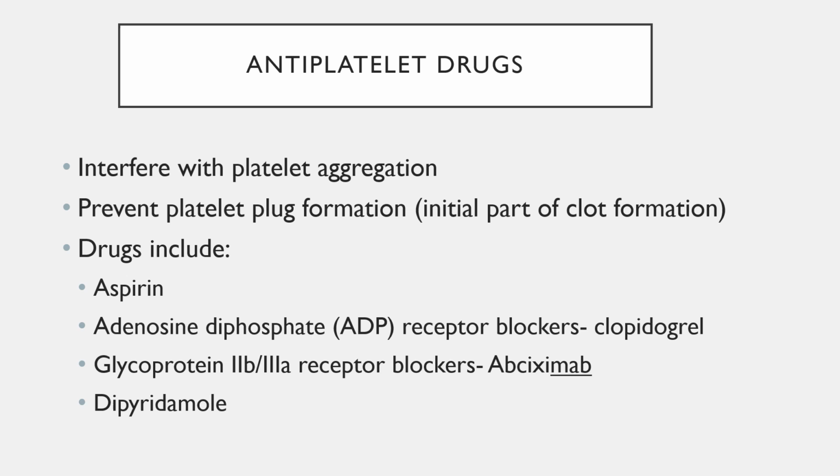Okay, but in general, the platelet plug is the first part that forms at a bleeding site. And you'll see the different drugs here that all are platelet inhibitors. Okay, that's all they are. They're different drugs that can be used to block the action of platelets.